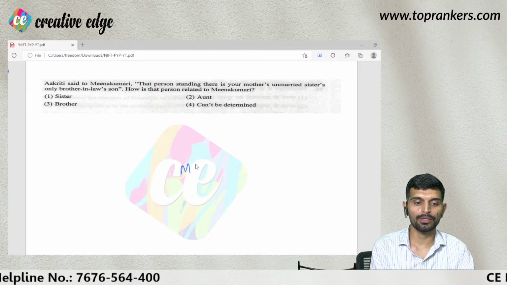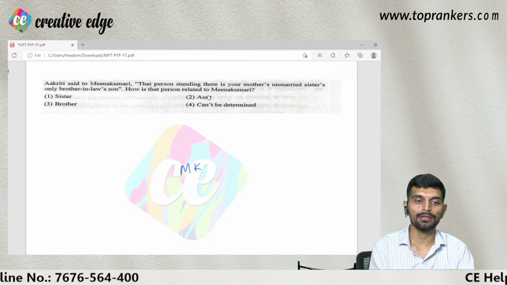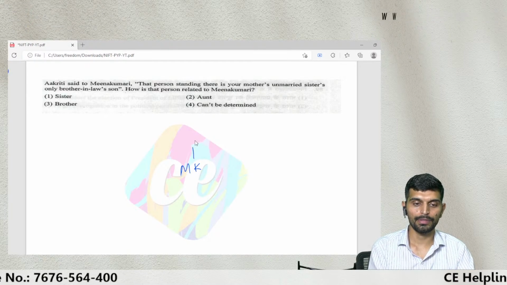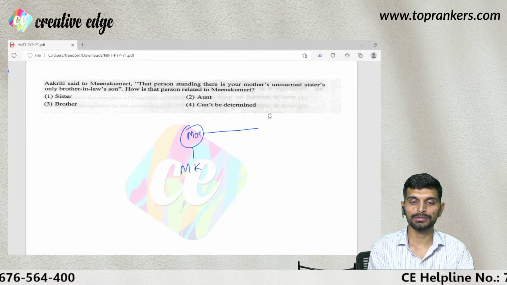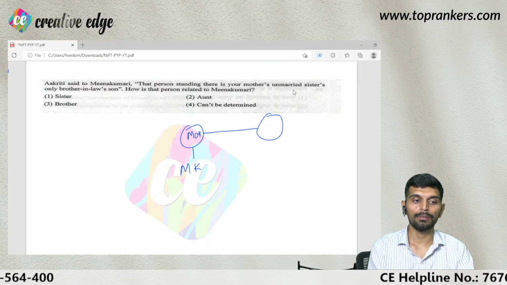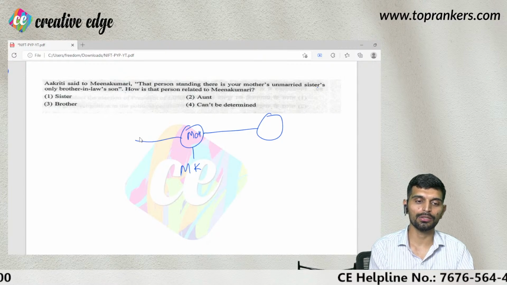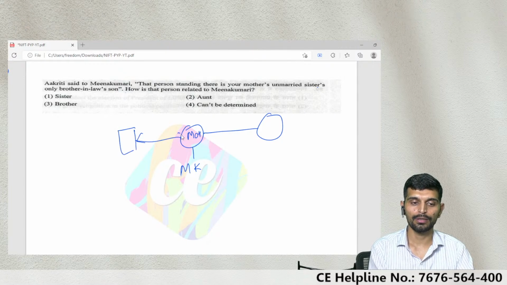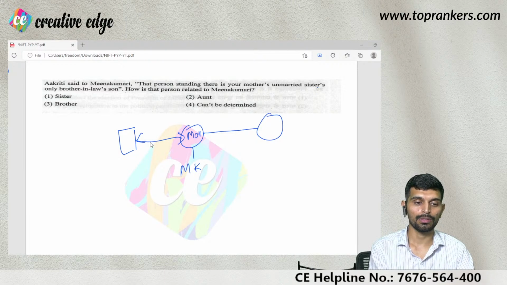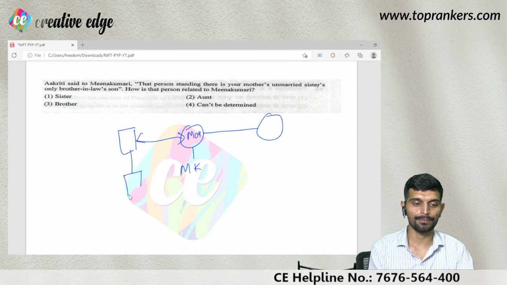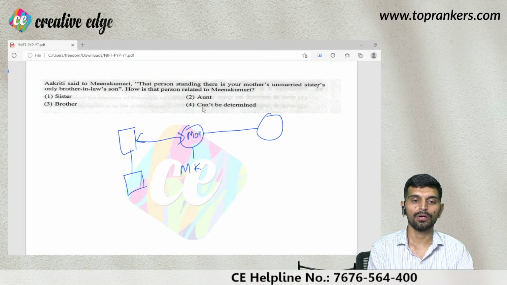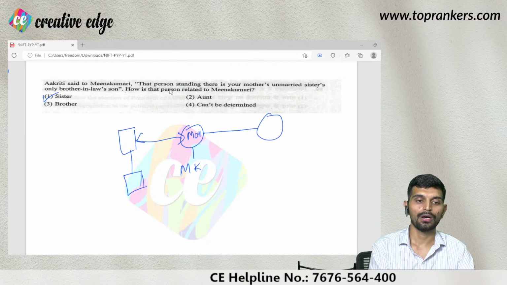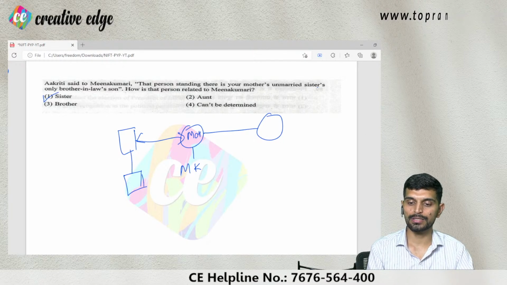So say this is Meena Kumari, and then Meena Kumari's mother, mother's unmarried sister, unmarried sister's only brother-in-law. So the unmarried sister's only brother-in-law is mother's husband, right? And his only son. So Meena Kumari is sister to that person.